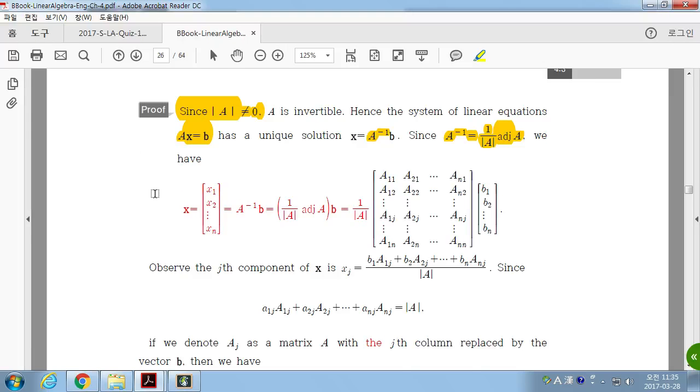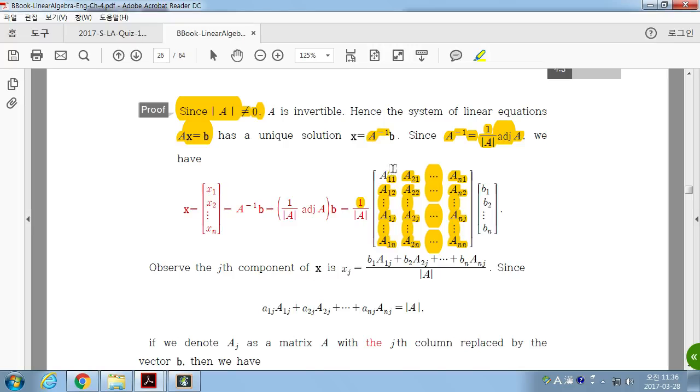This scalar can be factored out. Then this adjugate matrix is this, and the B vector is like this.